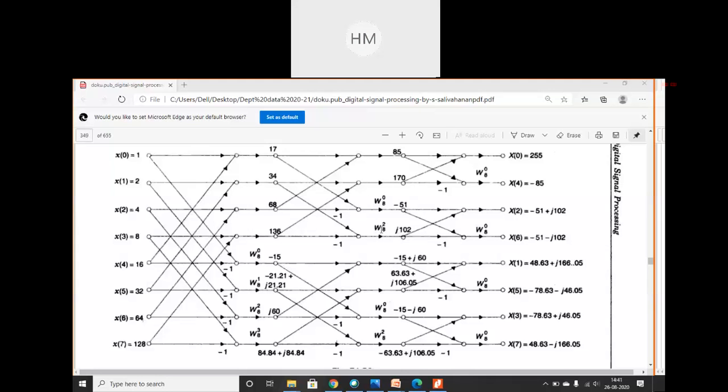Aditi and Charu, both answers are coming out to be same. You are giving some different answers. So okay, G2 is right. Okay, correct. Very good. And those who are performing DIF, their answers.